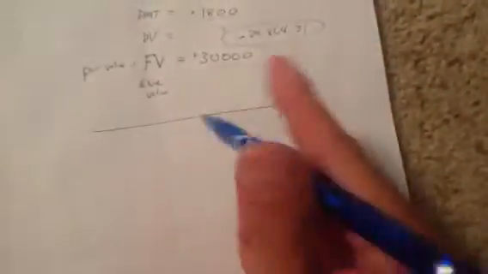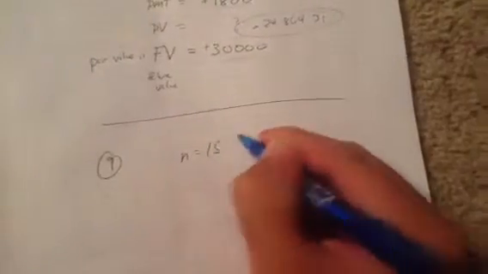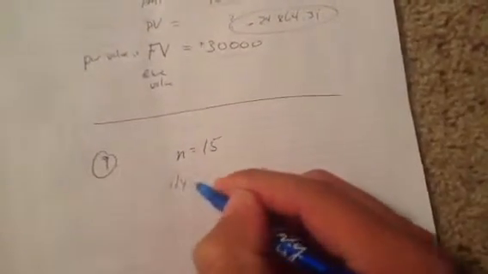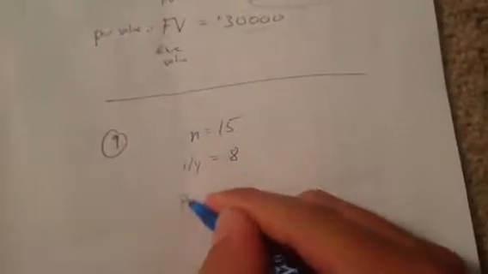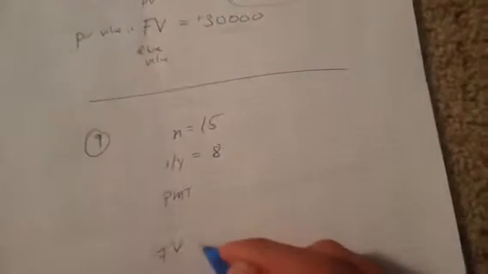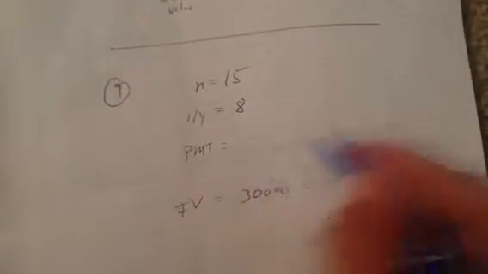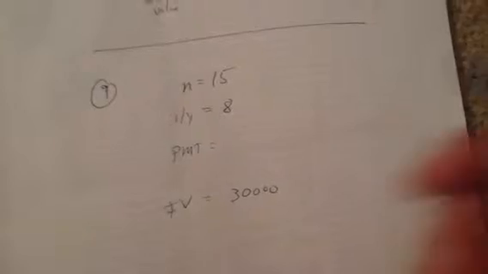We're going to say still 15 years, so this is number 9, still 15 years. The yield is still 8%, those newly issued bonds, still 8%. The payment changes. The future value does not. They still have a $30,000 face value. Okay.